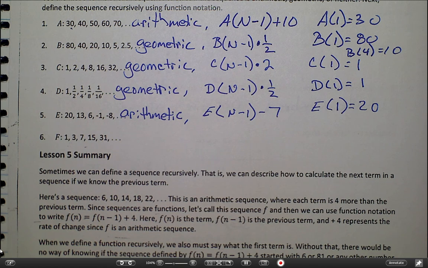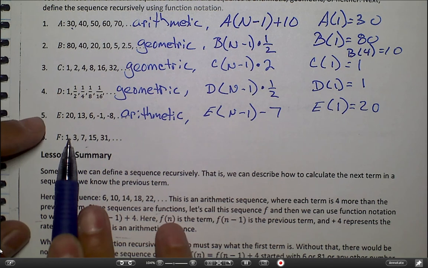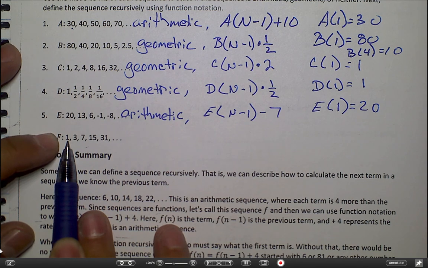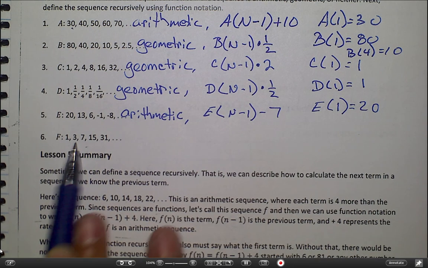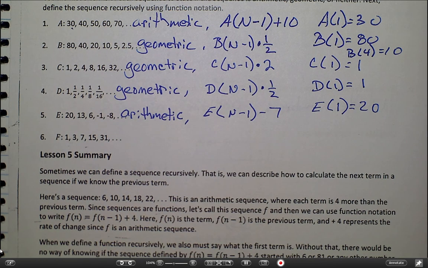Say it. N plus 2 minus 1? Okay, so let's see. 2 times 1 is 2. Minus 1 is 1. That doesn't get me there, does it? No. Okay. It's plus 2, and then the next one's plus 4.